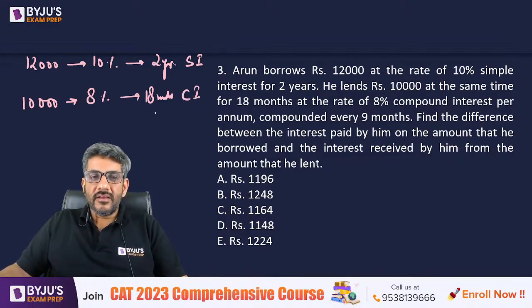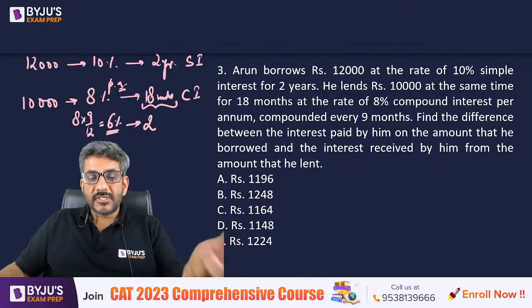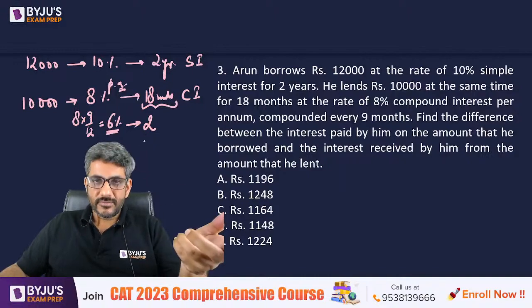When it is compounded every 9 months, that means it will be compounded twice, right? And if per annum the rate is 8%, for 9 months it would be 9 by 12 of 8, which is 6%. So it is like 6% rate of interest for 2 terms, right?